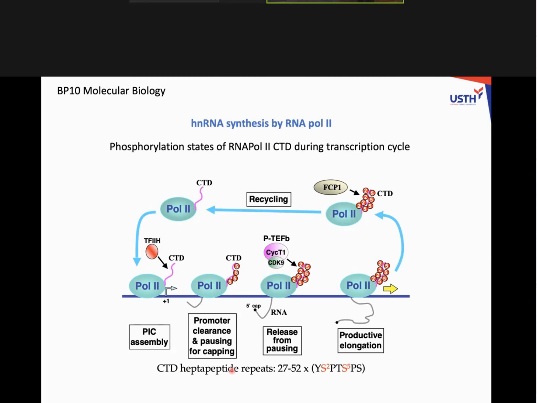So this heptapeptide is always YSPTSPS. And serine residues are the amino acids that can be very easily phosphorylated. So the phosphorylation of the C-terminal tail of pol2 occurs at the serine residues of this repeated heptapeptide. Okay, so this is just for information.